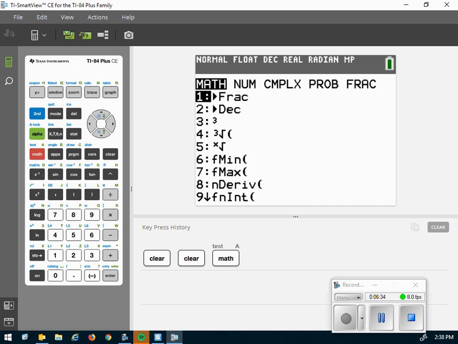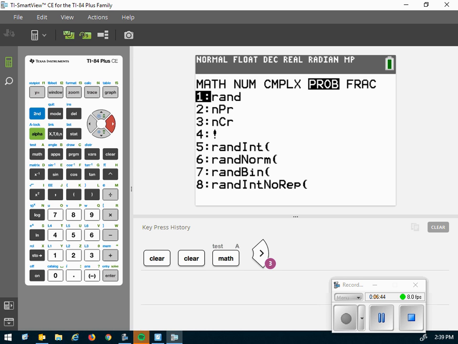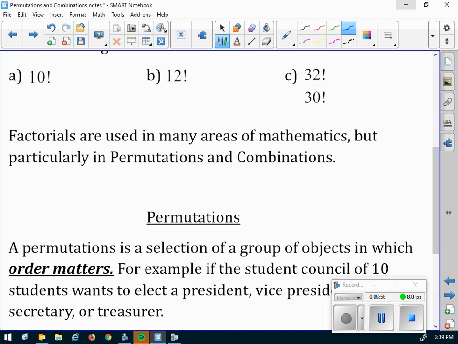Now, we want to go to probability. So we're going to arrow over until we get to probability. And look at option 4. Option 4 is the exclamation point for factorial. So we want to do 10 factorial.